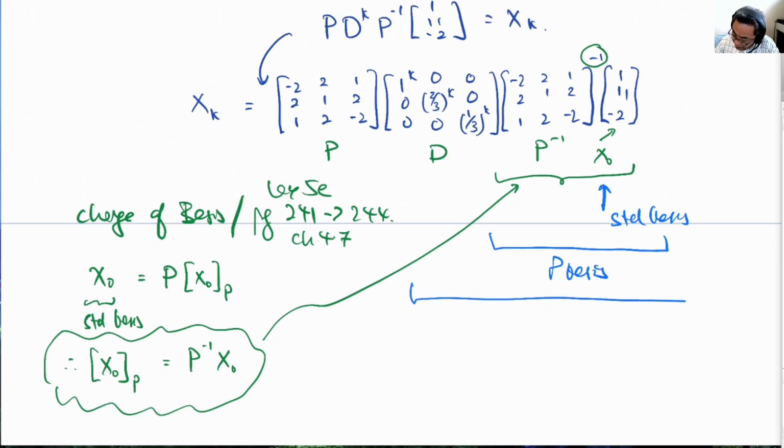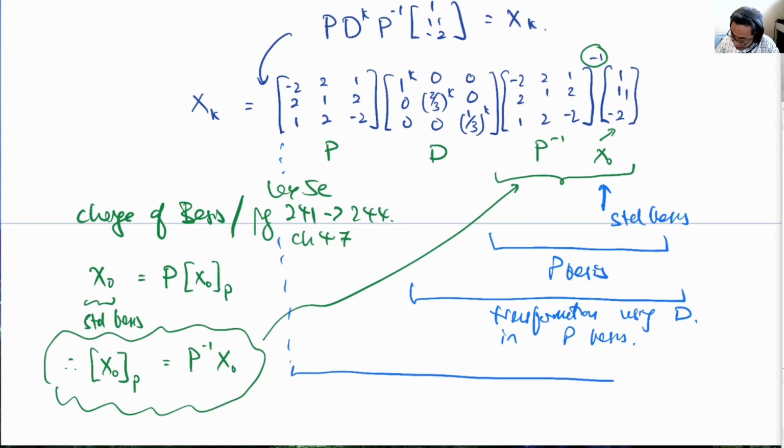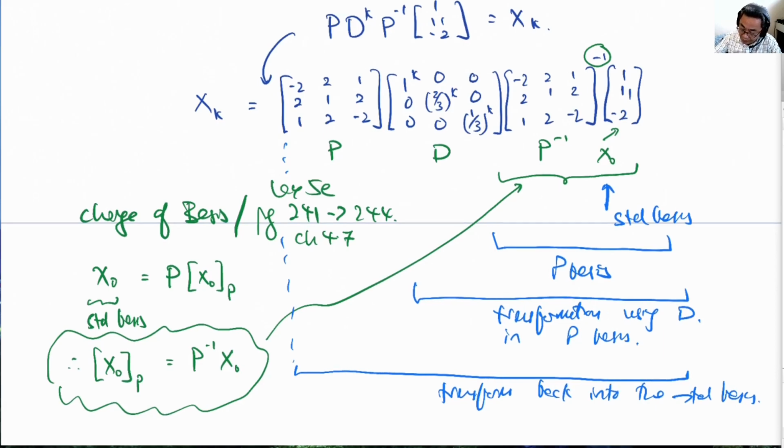We perform the transformation using D in the P basis, and then finally we transform the answer back into the standard basis. So that's what's happening here. If you can follow this argument, then you understand the change of basis and how it's used in the eigenvalue decomposition.